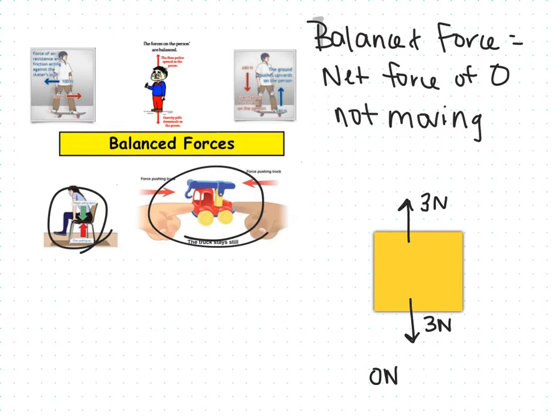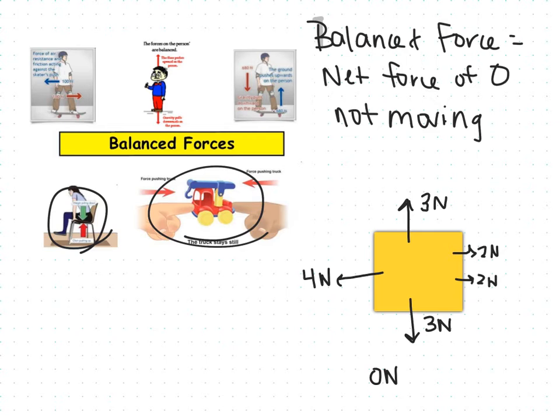Another thing that could happen is we could have something that has 4 newtons pulling one way, but then 2 newtons pulling twice in the opposite direction. So when I think of this, I tend to think of a tug of war. I have somebody who is really strong, pulling with 4 newtons on one side, and then I have 2 people who are not as strong, each pulling with 2 newtons.